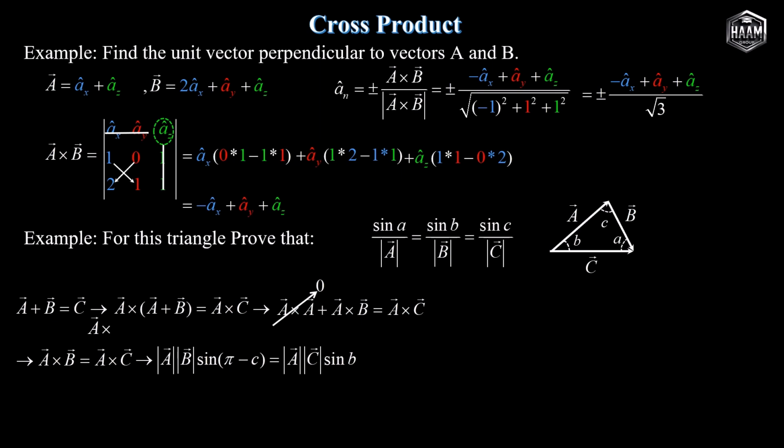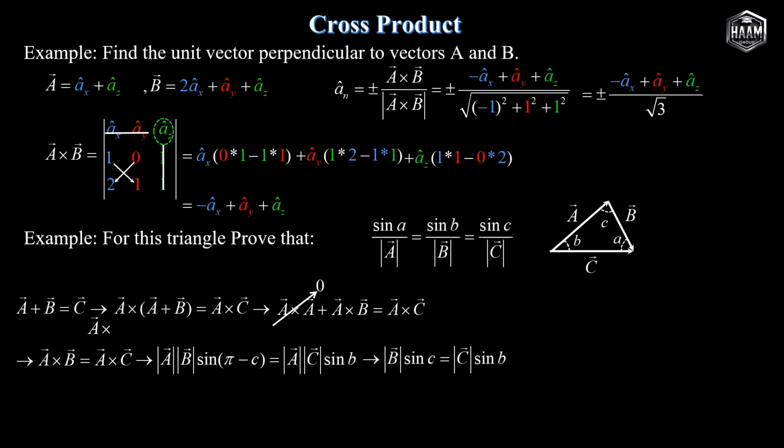For a cross c, vectors a and c share a common origin at the interior angle b. Thus, magnitude of a times magnitude of b times sine of, open parentheses, pi minus c, close parentheses, equals magnitude of a times magnitude of c times sine of b.